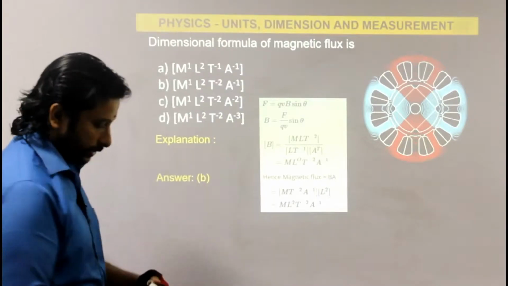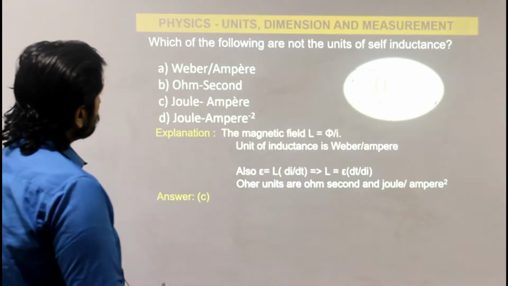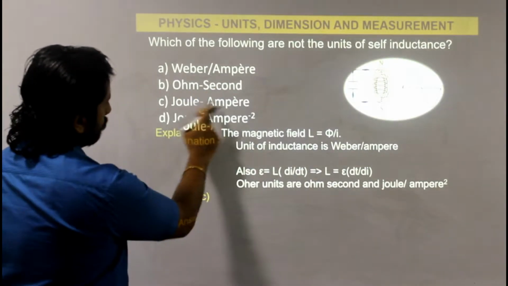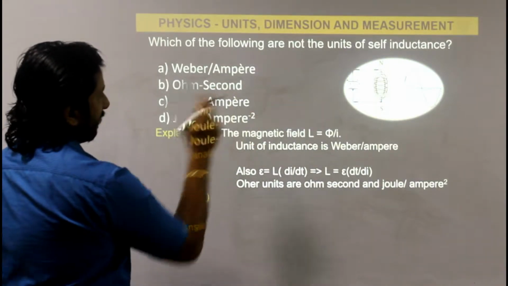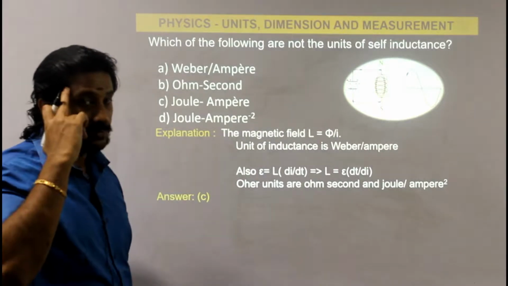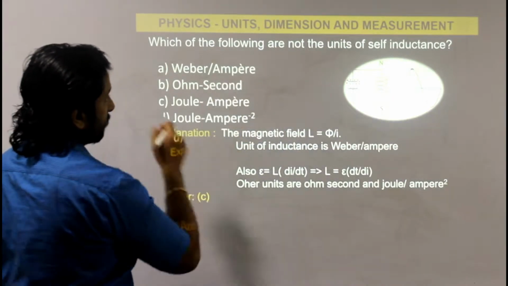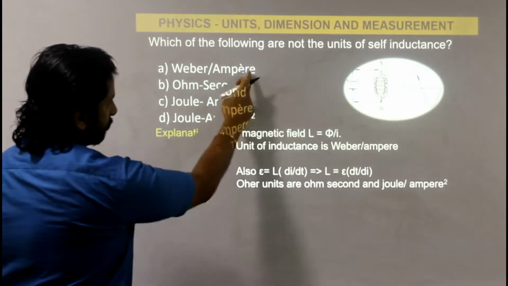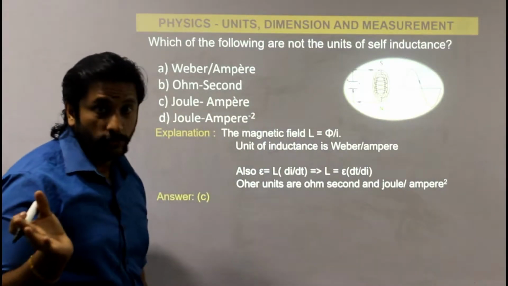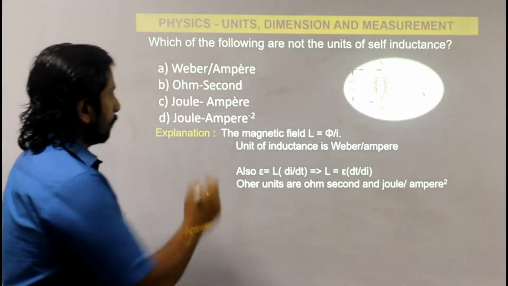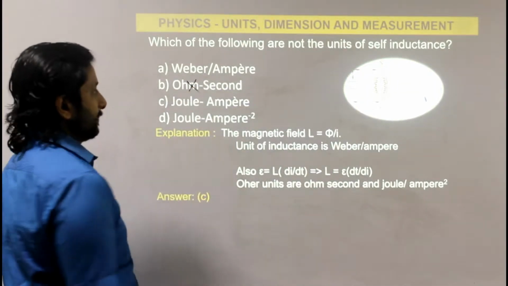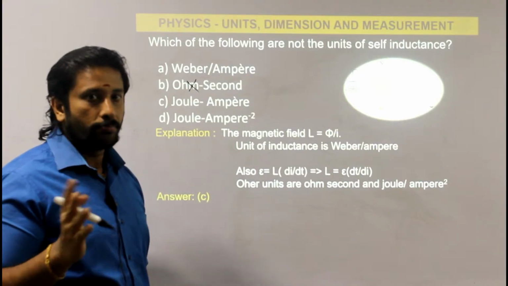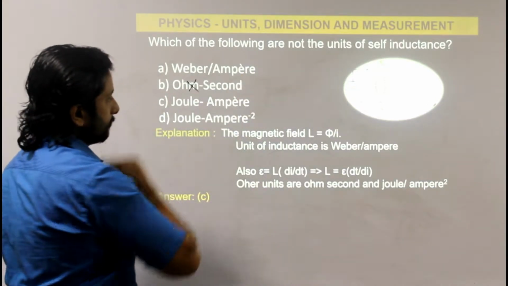See, you are able to see it here: Weber per ampere, ohm second, joule ampere power minus 2. Obviously we can think, okay, three things have ampere in common. Obviously there should be one which can't be an answer, because ampere is common here, and they have played around with this ampere.